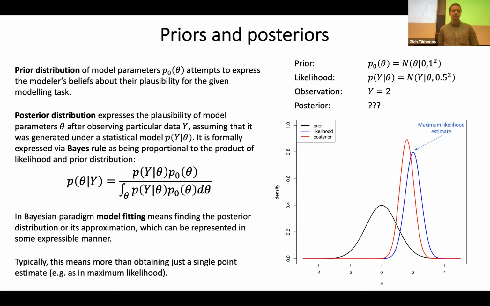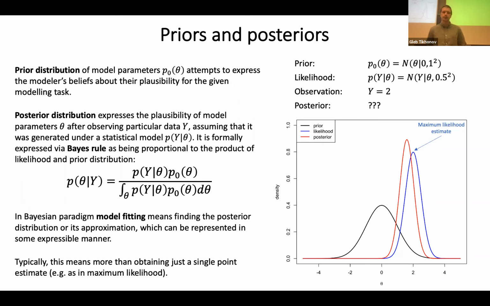So the task of model fitting in the Bayesian paradigm means that we would like to find the posterior distribution or some approximation of it, which can be represented in some expressible manner. Because if we just look at the central formula here and say, okay, we have a posterior distribution which is proportional to the product of likelihood and prior distribution, it does not readily allow you to operate with this distribution, neither in a computer nor in analytical form.